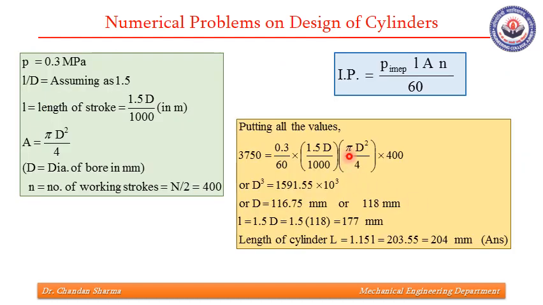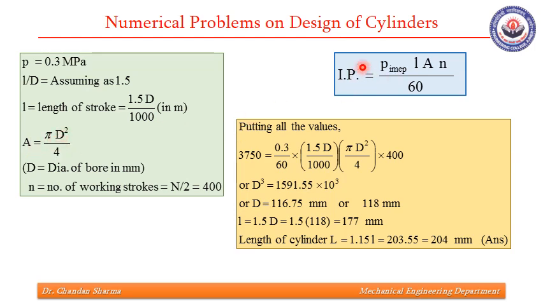Putting all the values, pressure as 0.3 megapascal, this equation has two unknowns, so we reduce them into one unknown. We know that for a cylinder the ratio of length of stroke to the diameter of bore is 1.5. So assuming L by D as 1.5, length of stroke will be 1.5 times D upon 1000 in meters. So area will be pi D square by 4.